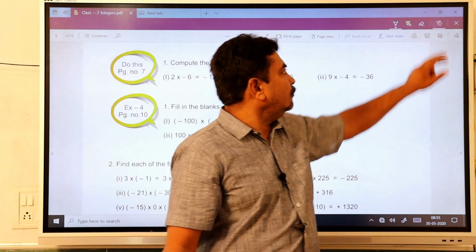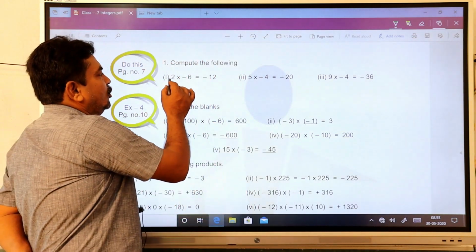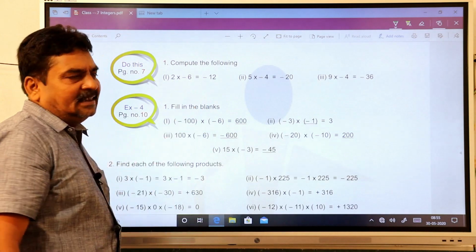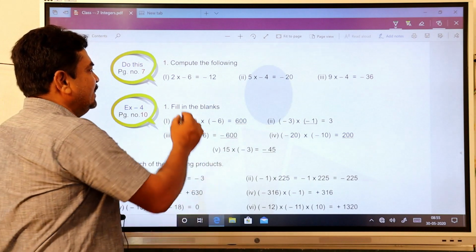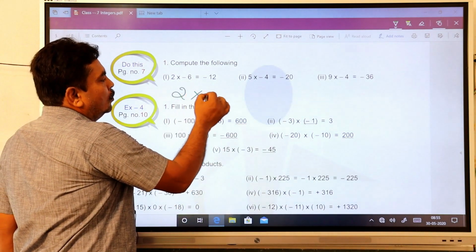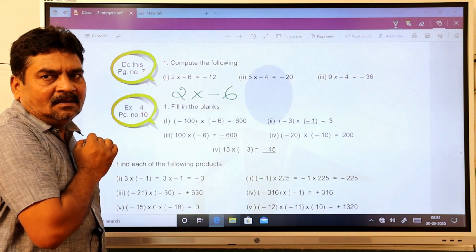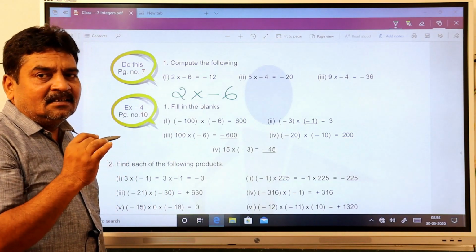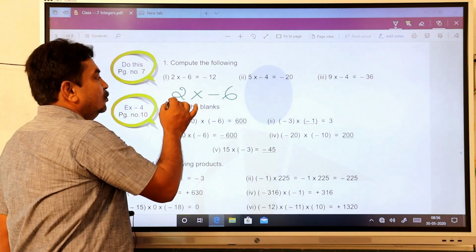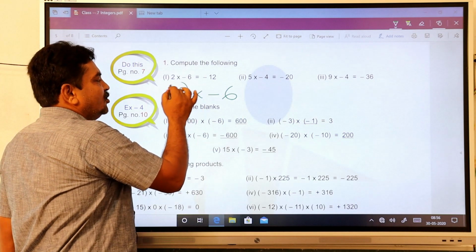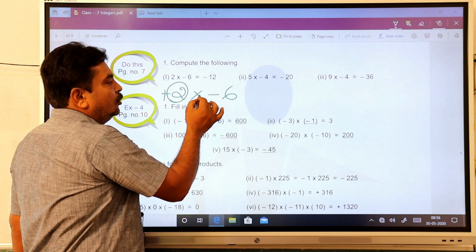Into, it's very simple. See here, 2 into minus 6. Here you don't have any symbol. In such a case, you should consider it as addition, plus. So you should think it is a positive value. So plus 2 into minus.